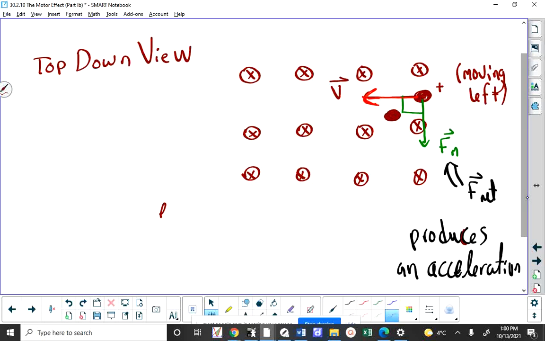Are you with me? Which way is it forced now? Well, now it's moving in this direction because its direction has changed. So when I point the fingers of my right hand in to the screen and my thumb in the direction that it's moving, the force is this way at right angles.